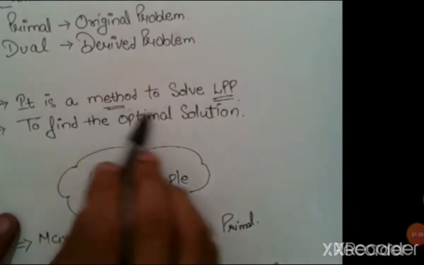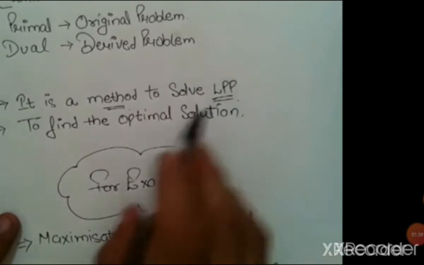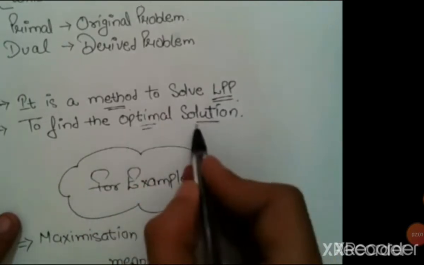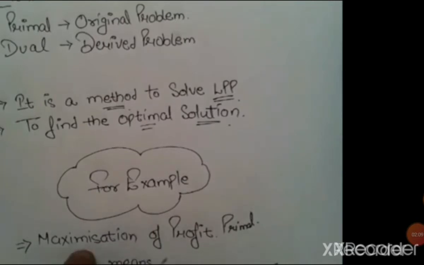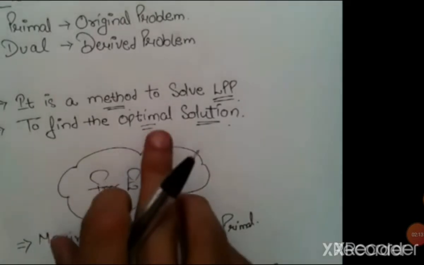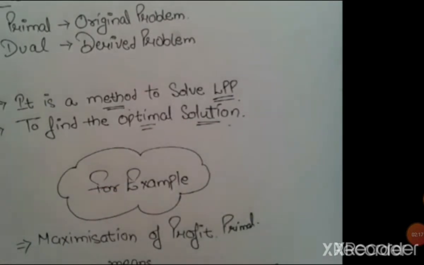It is a method to solve LPP, linear programming problem, and to find the optimal solution. We'll see one numerical example. The dual problem also helps the primal to get the optimal solution.